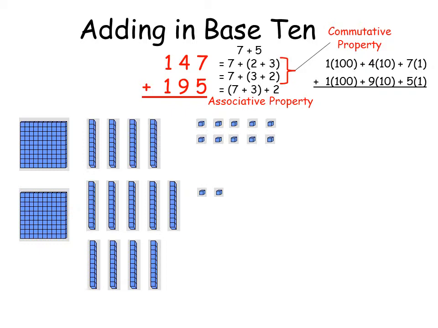The associative property is not just a matter of moving brackets. I want to highlight that the associative property allows you to regroup a number from one number and attach it with another. In this case, instead of adding 3 with 2 for 5, I regrouped it, and I'm going to add that 3 with the 7 to give me an easier number of 10.